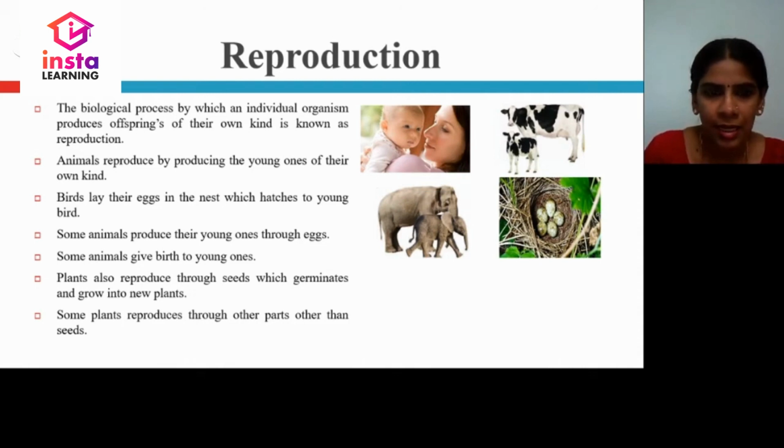Birds lay their eggs in the nest, which hatch into young birds. Plants produce seeds, and seeds germinate to form new plants. Sometimes some plants also reproduce through parts other than seeds, like leaf and stem. These are also parts which produce plants.